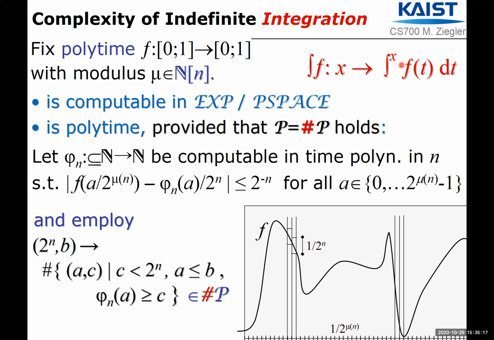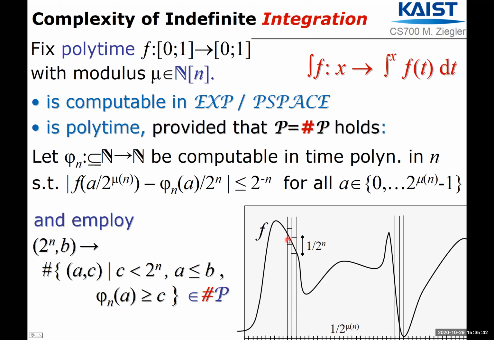And we can make the same observation again in order to compute this integral. We can apply the same algorithm, subdividing the unit interval into small subintervals, such that on each subinterval the values differ by no more than 2 to the minus n, right? That's the definition of a modulus.